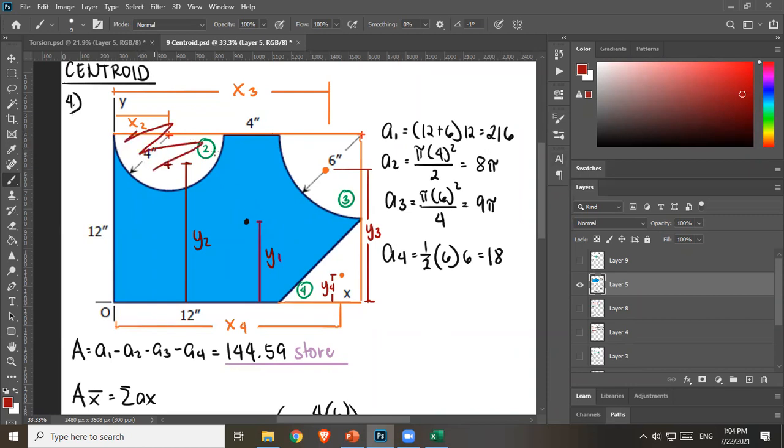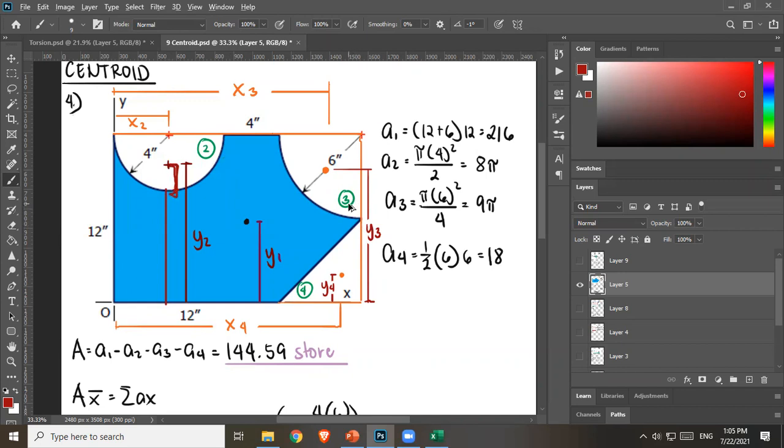Next, area 2. Okay. So let's solve for that. So this is the centroid of your area 2. And then this is what I need, y2. Now, unfortunately, I can solve for this distance. That's just 12 minus 4. But then I would need this, right? Length of centroid to the top of your semicircle.